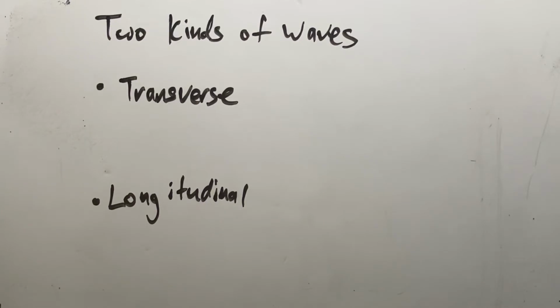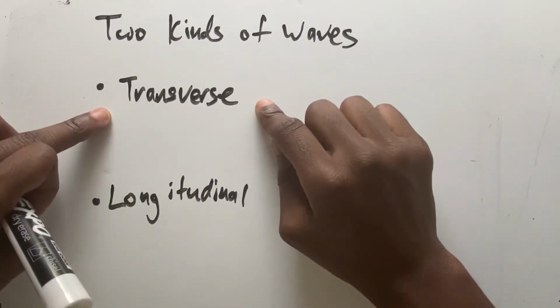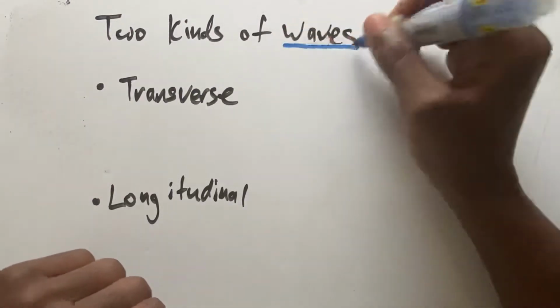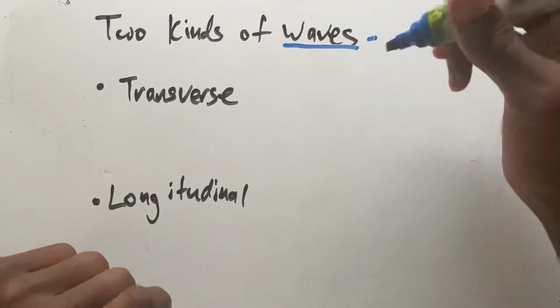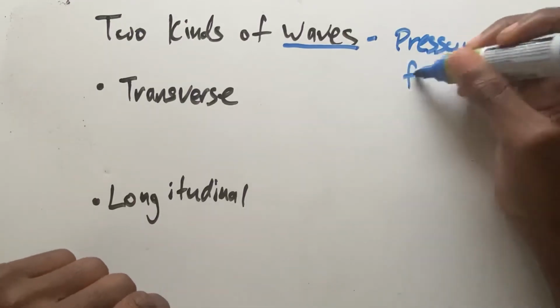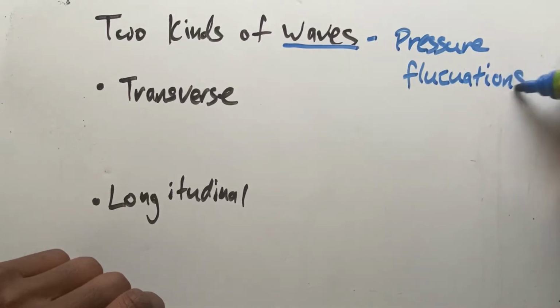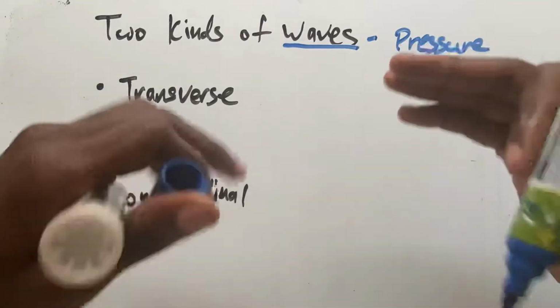In order to think about transverse waves, it's a little bit easier to think about a wave in a different way. If you think about a wave as pressure fluctuations, or fluctuations of pressure.